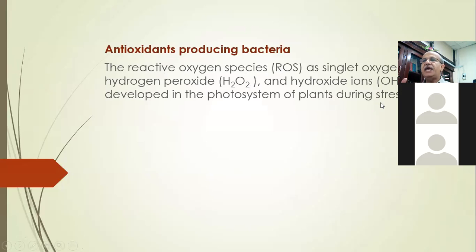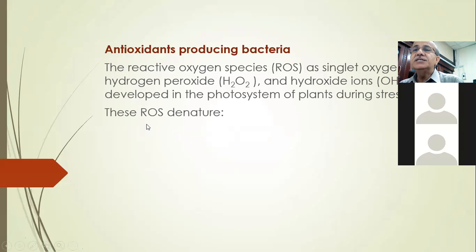Whenever there is any stress, what can happen is the plant photosystem, you know that the plant has two photosystems, photosystem 1 and photosystem 2, and these work together for photosynthesis. Whenever there is any stress, these photosystems develop certain reactive oxygen species, which may be in the form of singlet oxygen, hydrogen peroxide, or hydroxide ions.